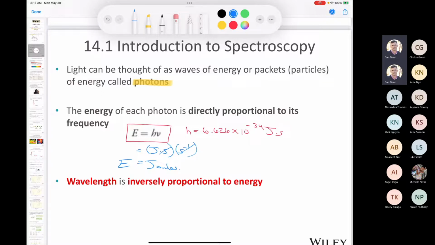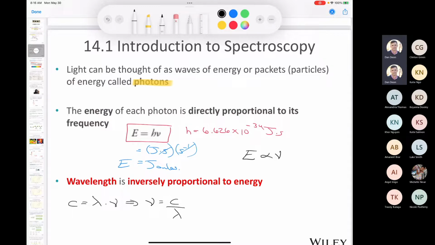So again, energy is directly proportional to frequency. So if we're talking about high frequency, we're talking about high energy. Whereas wavelength is inversely proportional to frequency. You might remember from general chemistry that the speed of light is equal to wavelength times frequency. Well, we can rearrange this formula and solve for frequency and get that frequency is equal to the speed of light over wavelength.